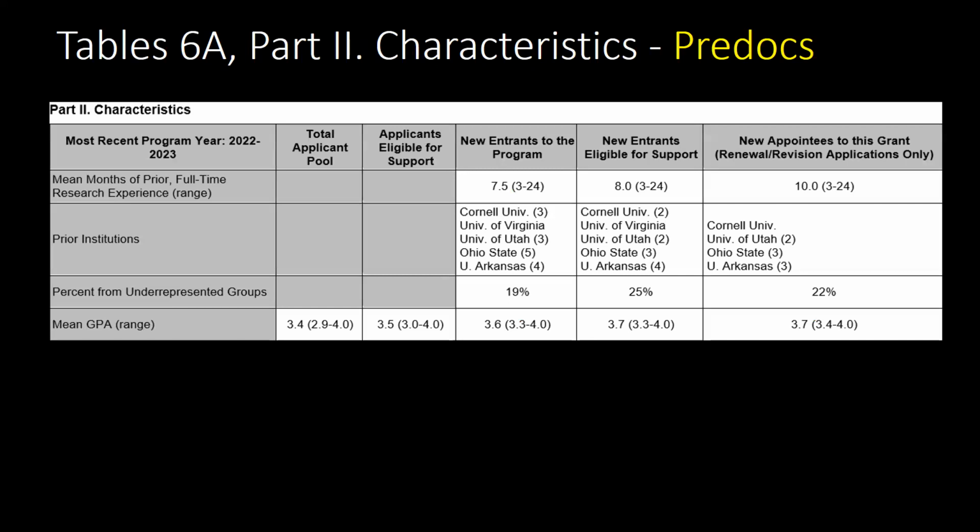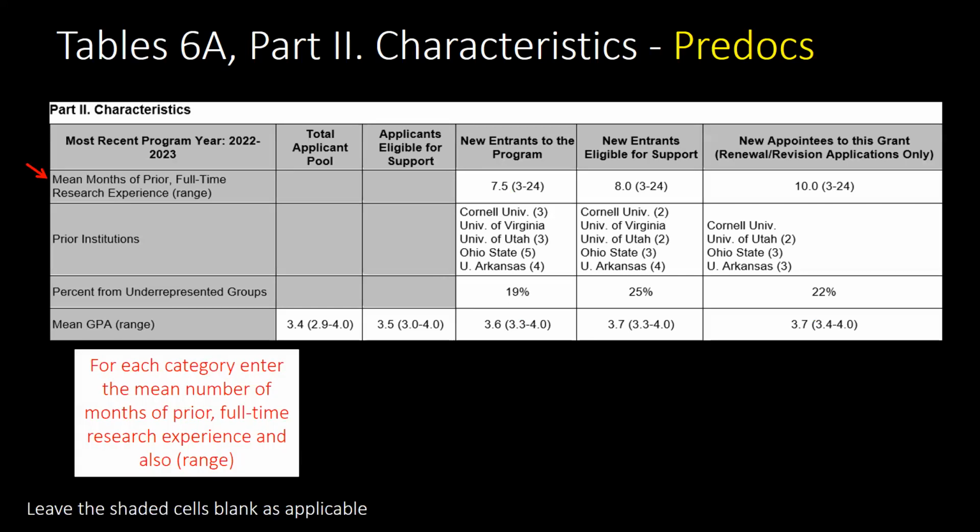So the second part of the pre-doc part is they talk about mean months of prior full-time research experience. This is a very wonky question, because they're asking how many full-time months of research experience do they have prior to coming to grad school. Well, it's not usually a whole lot. I mean, you do some in your bachelor's, but you have to figure out the full-time months.